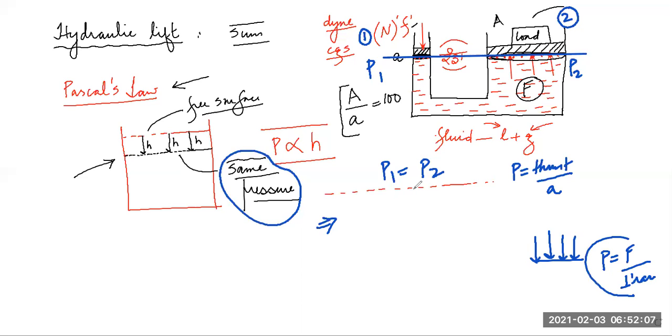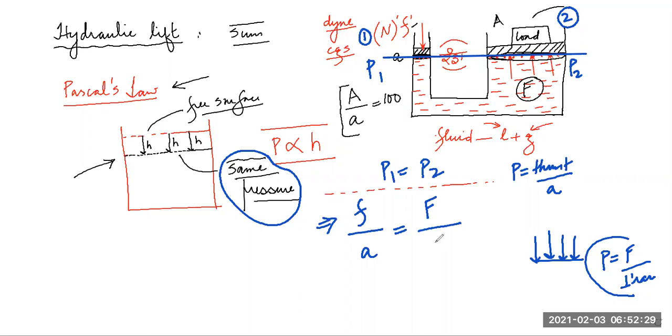So what is P1? P1 is a small force F acting on the small area a. P2 is, now this is force, I don't know whether this force is bigger or smaller, we'll just see. This force is big F divided by big area.